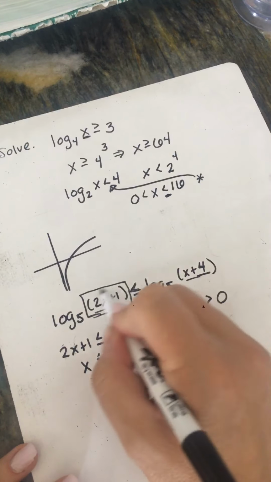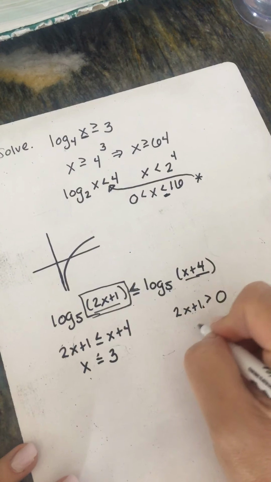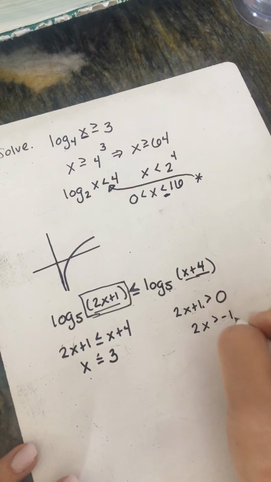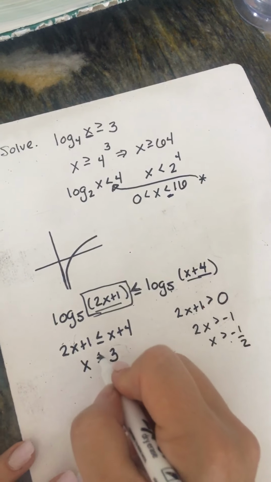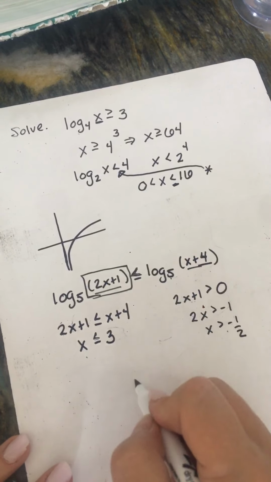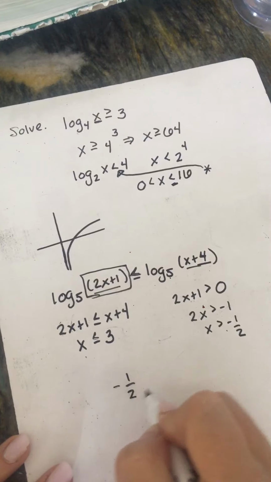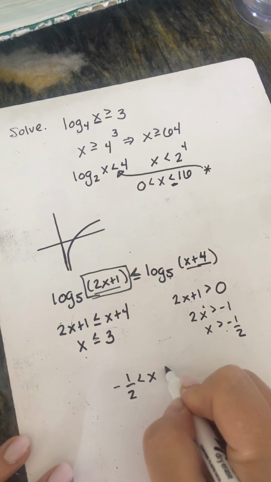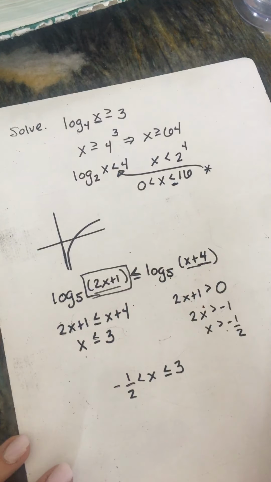Since it's pointing at this guy, you got to take this one. So we solve and we get 2x greater than negative 1, x is greater than negative 1/2. So to do a little sandwich, we have a minimum of negative 1/2 for x. We have a maximum of 3.